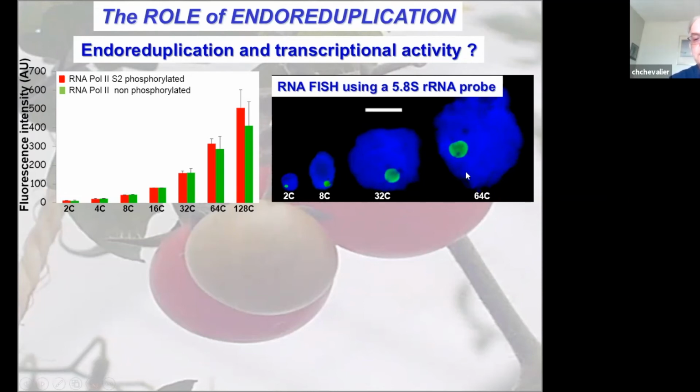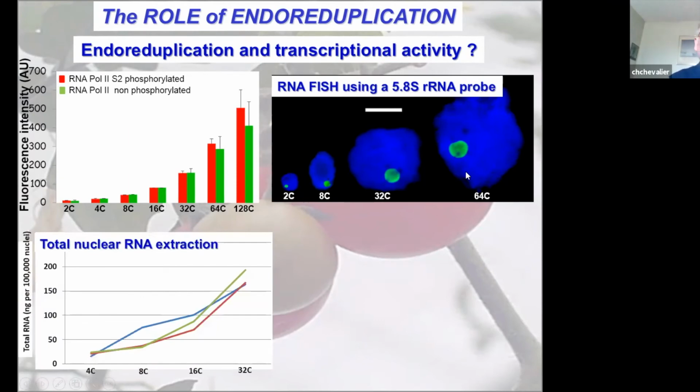according to ploidy levels. If we extract the total nuclear RNA content from purified nuclei at various ploidy levels, we have also a clear increase in the total nuclear RNA content, meaning that the whole transcription of RNAs, ribosomal RNAs, tRNAs, messenger RNAs, are increased according to the ploidy level.